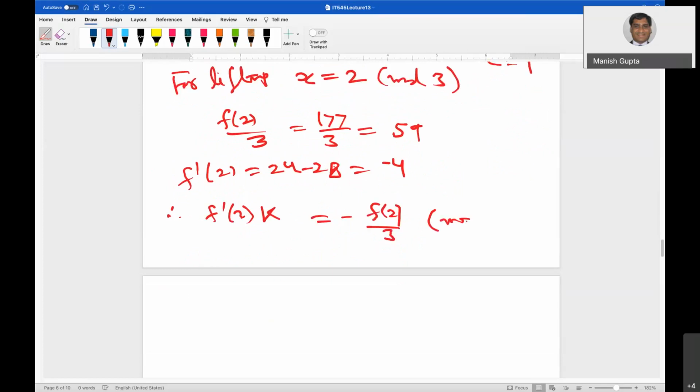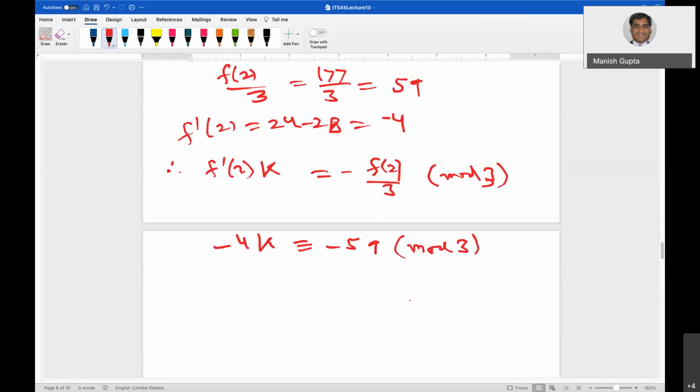When we put the values in this equation, it will yield minus 4k is the same thing as minus 59 mod 3, right? Which has a unique solution. I can solve it. K is equal to 2 mod 3.